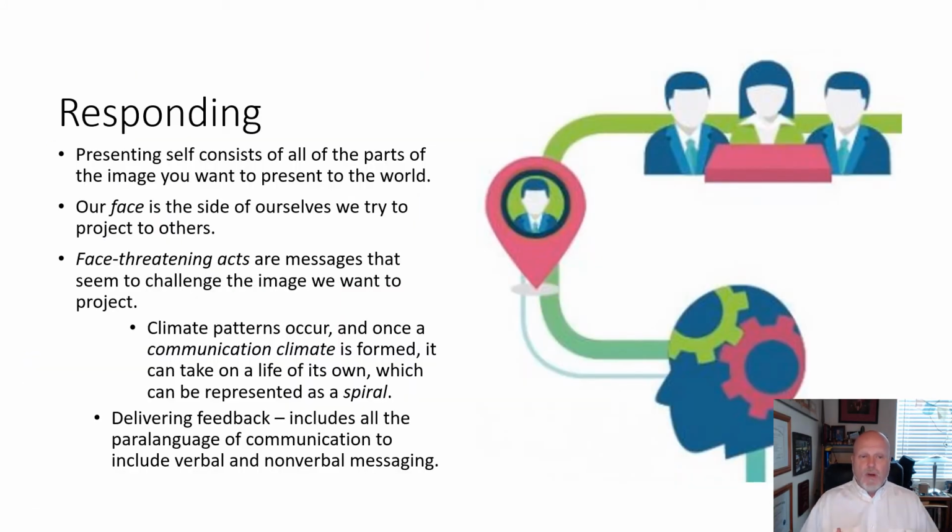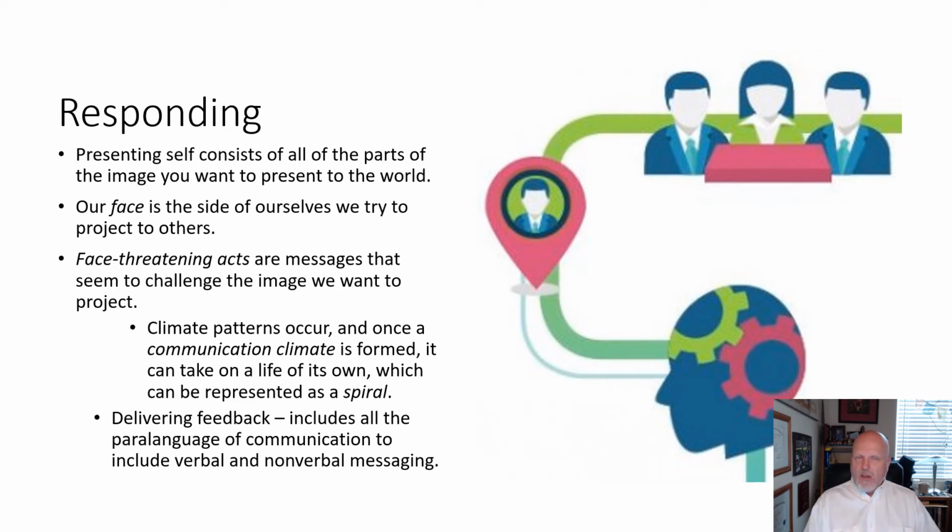Now, when we respond, present self consists of all the parts of an image you want to present to the world. Our response goes back into our face aspect of it. Not so much the mask, because the mask is a complete disguise. The face is what we're trying to project to others that contains some of the authentic self.